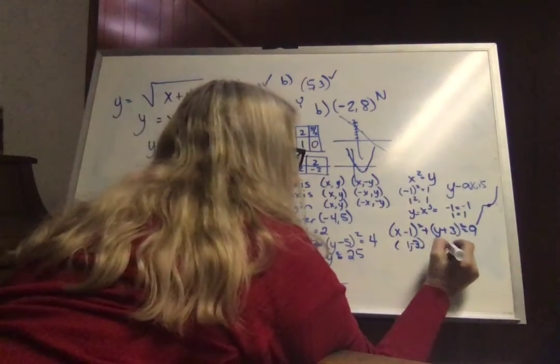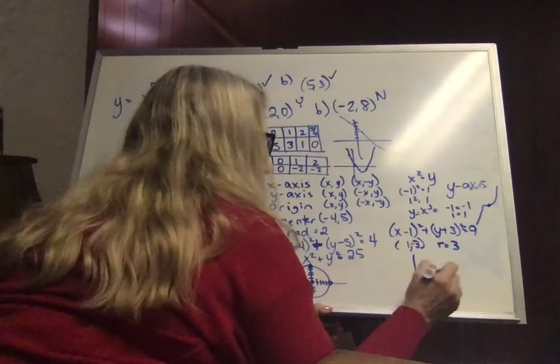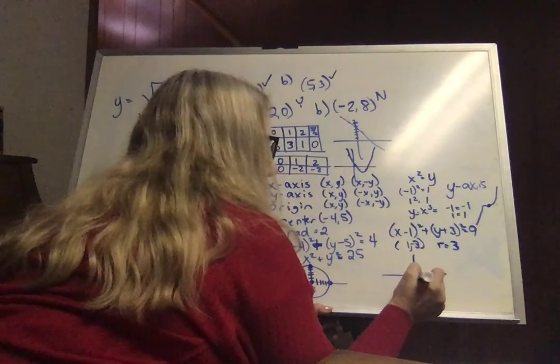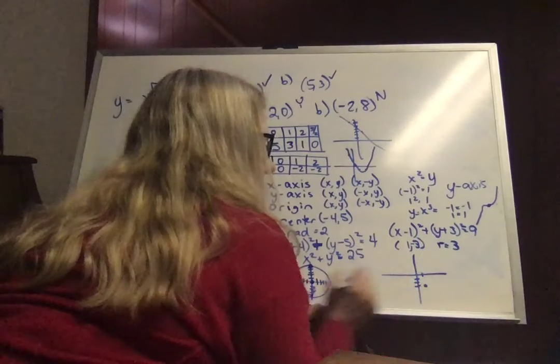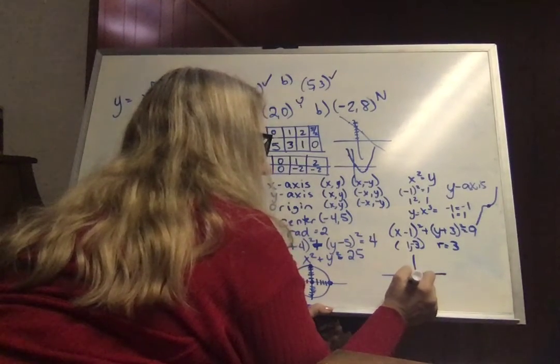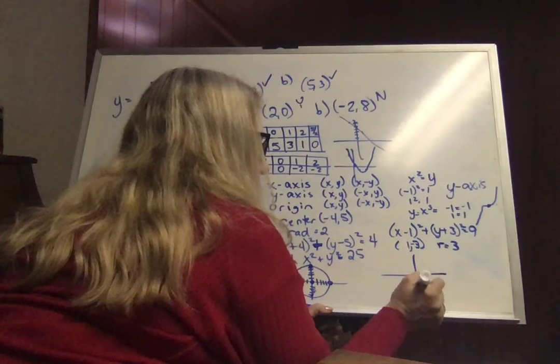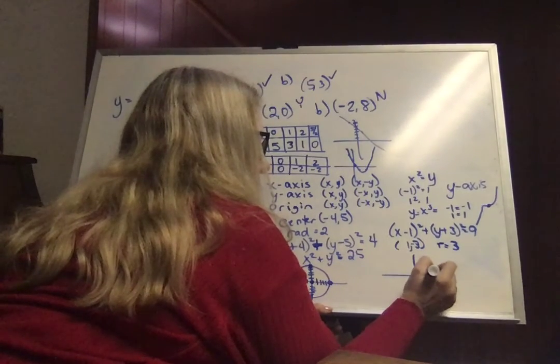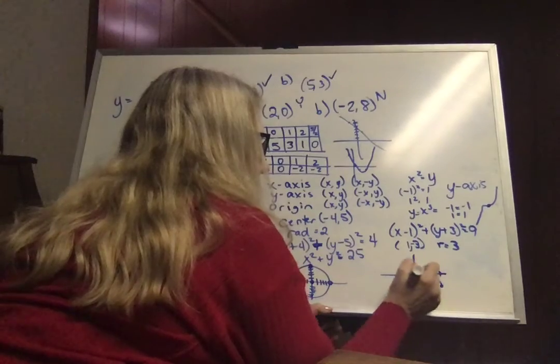And the radius equals 3. So you would find the center, (1, -3). That's the center. Go up 3. Go left, 1, 2, 3. Go down, 1, 2, 3. Go to the right, 1, 2, 3. And then connect them.